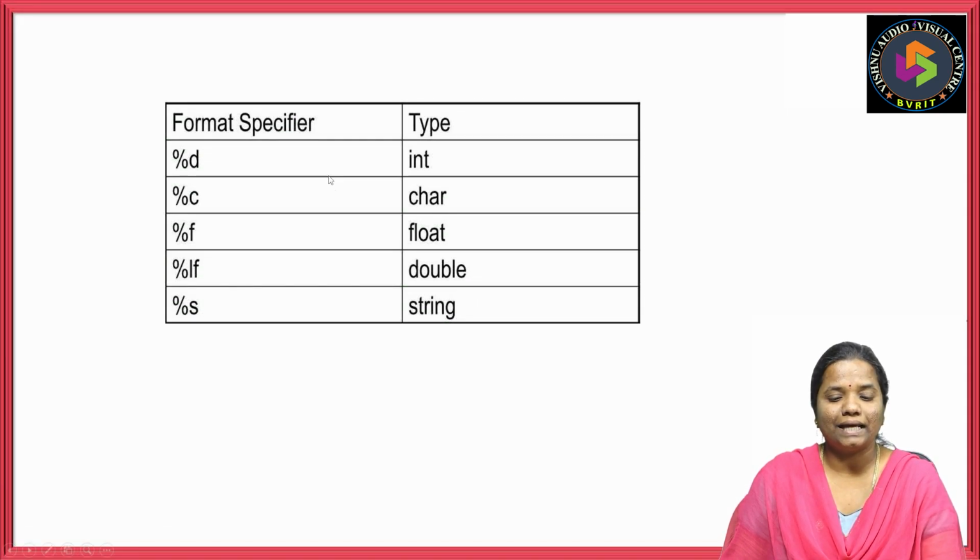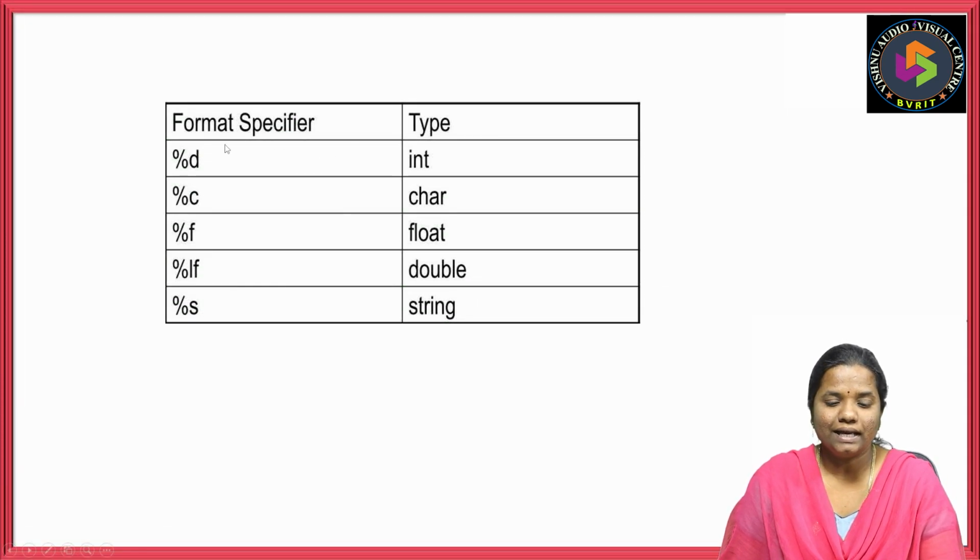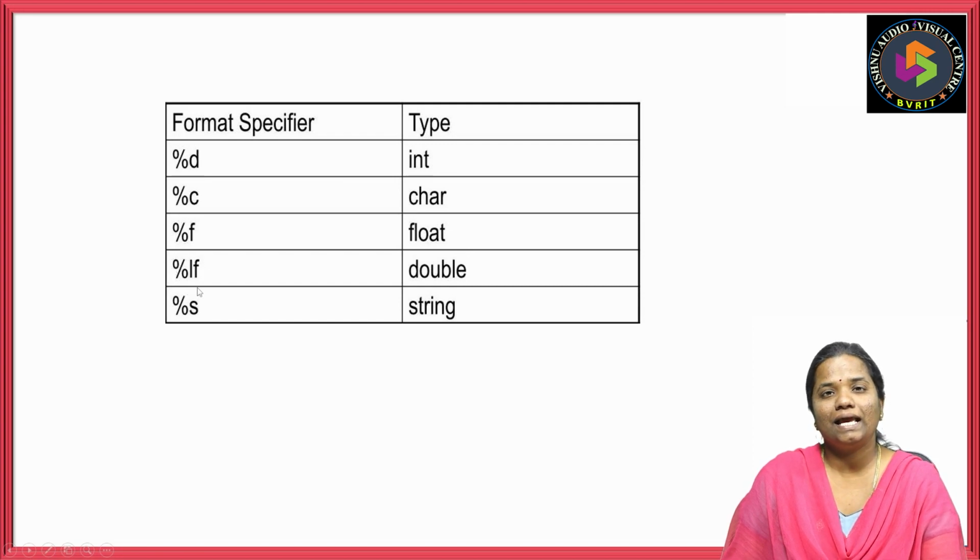So what are the different types of format specifier? Here in this table, I have given the different types of format specifier along with the corresponding data type. %d for integer data type, %c for character data type, %f for the float data type, %lf for the double data type, %s for the string data type.